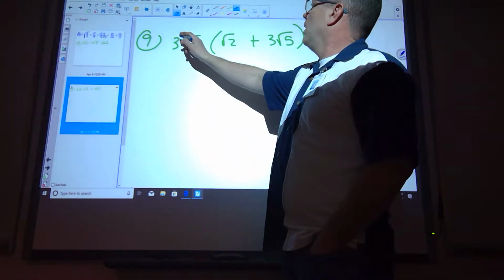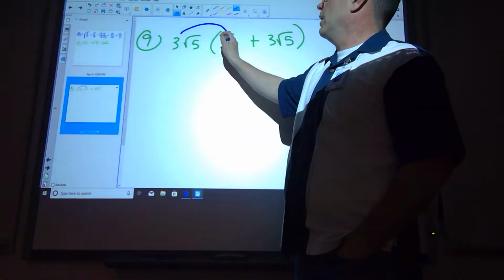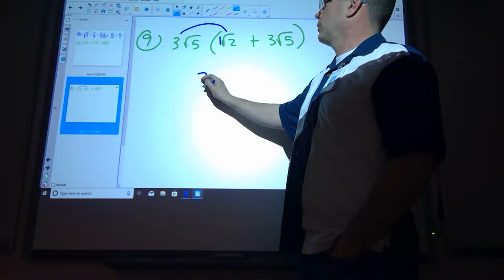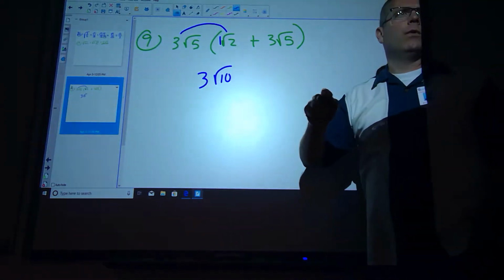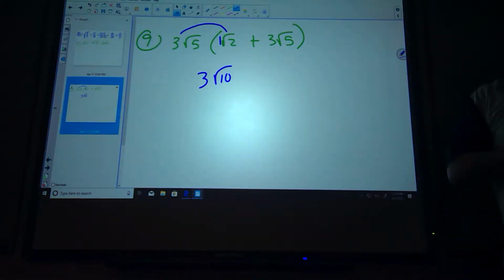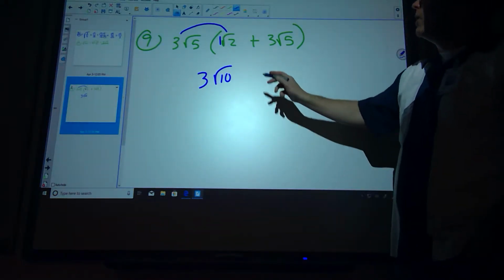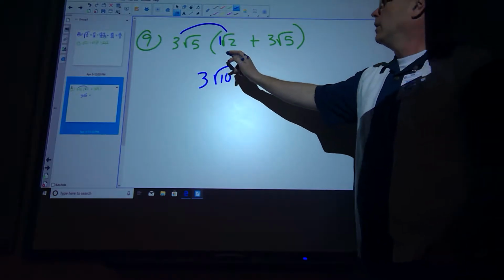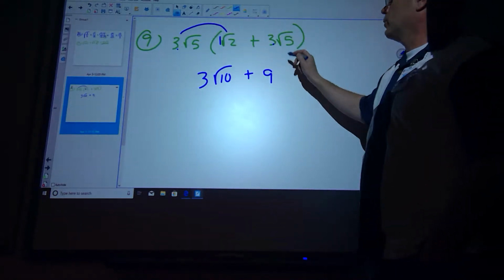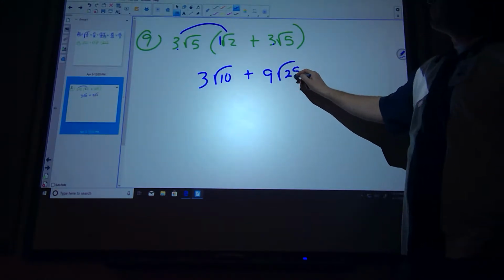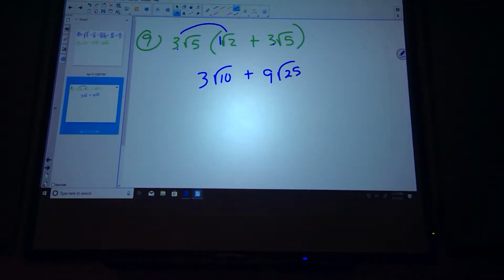All right, so I'm going to multiply here. So there's only a 1 outside, so 3 times 1 is 3, and then inside root 5 times root 2 is root 10. Is that okay so far? I'm not done with it yet. I'm just trying to make sure. Plus sign comes along for the ride. 3 times 3 is 9. Root 5 times root 5 is root 25. You feel comfortable with that? I'm not done with it yet, but does that seem okay?